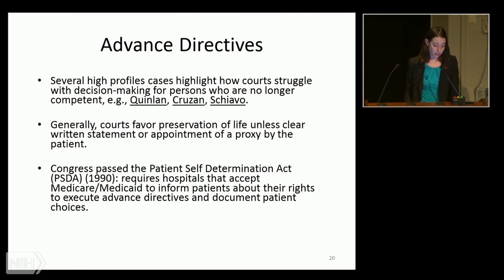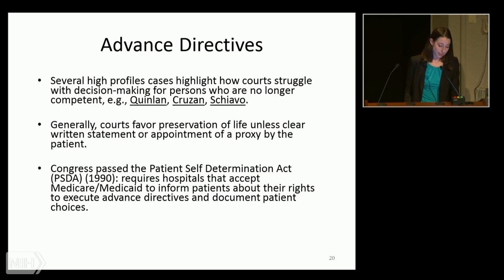The standard the state wanted to use was clear and convincing evidence, which has a whole legal term and lots of legal precedent behind it that I won't go into. This case went to the Supreme Court, and the court ultimately stated that that was an acceptable standard. That's a very high standard, but it was acceptable given the circumstances.